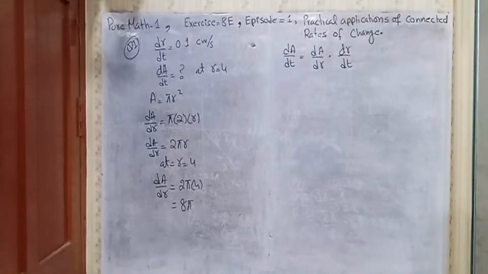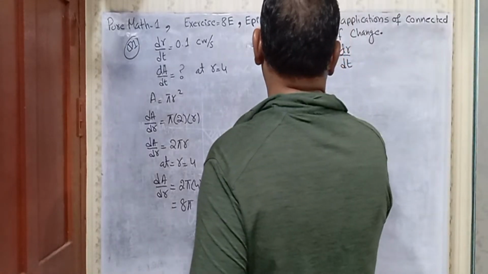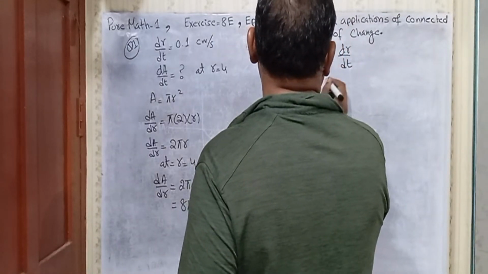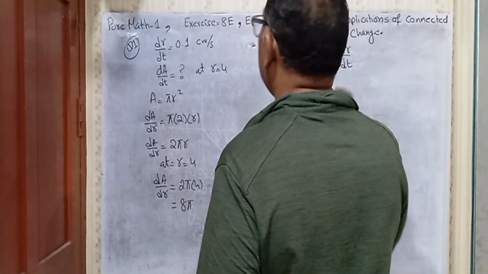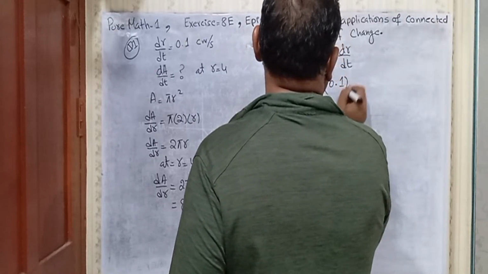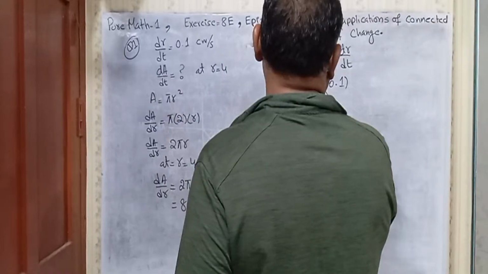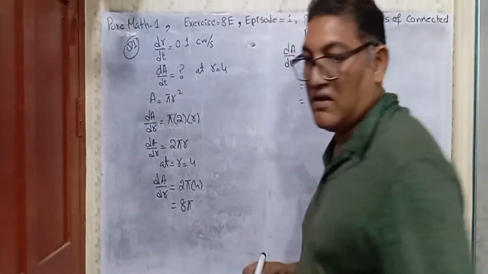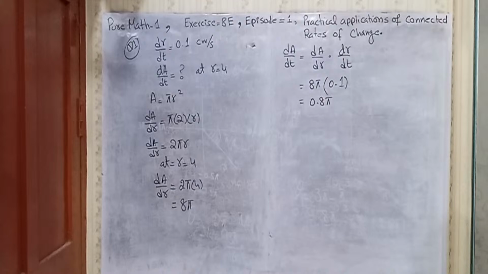Because I want to find dA by dt, I will apply the chain rule. dA by dr, its value is 8 pi, and the value of dr by dt is 0.1. So it will be basically 0.8 pi. Their question was, what will be the rate of increase of A when r is equal to 4? So this is my answer, sir.